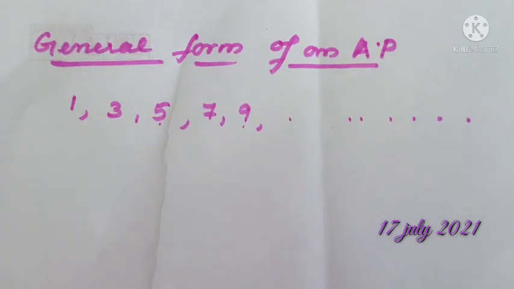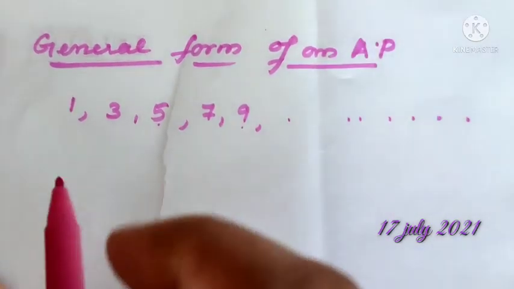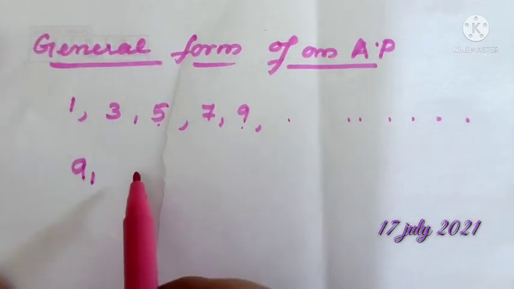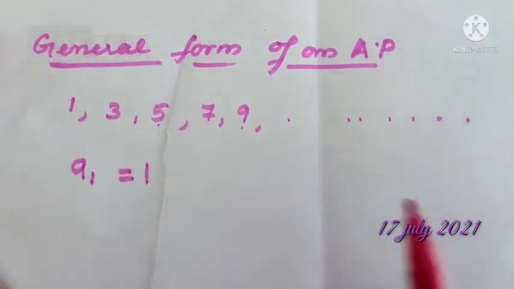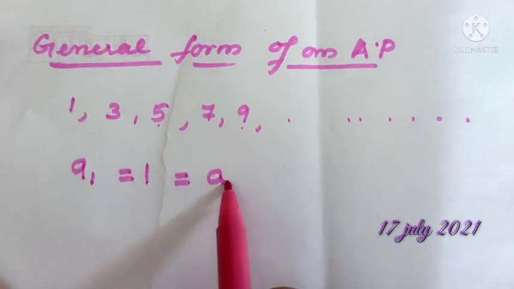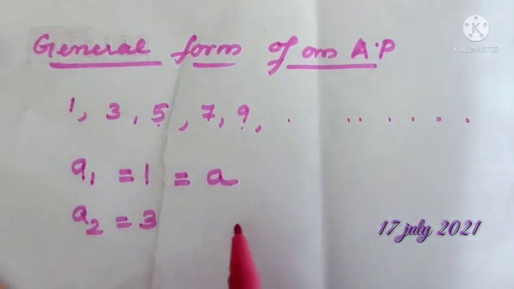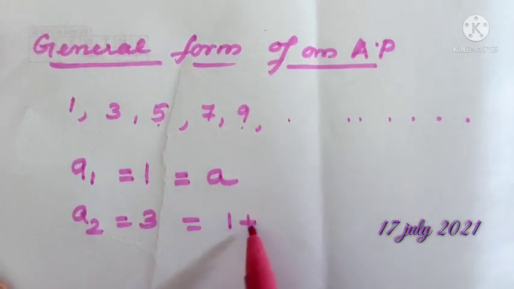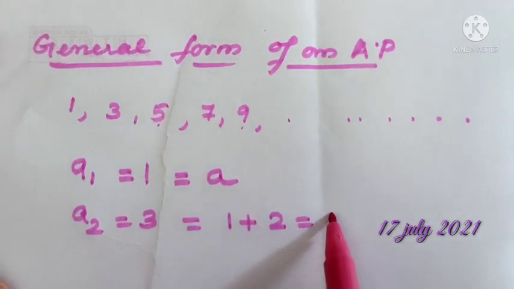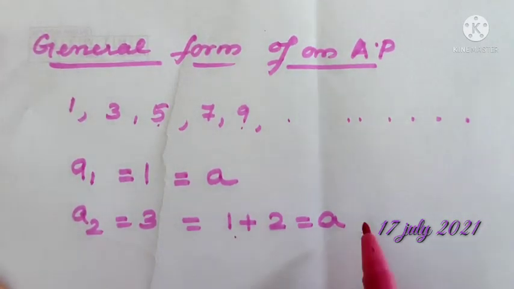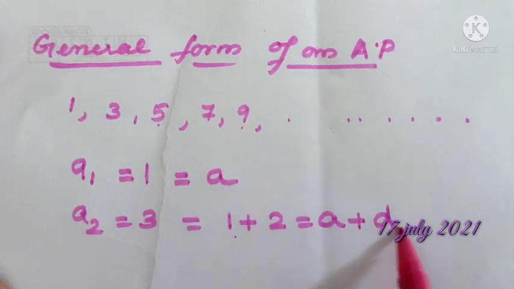Now the step is how to write the general form of an AP. We already said that A1 is the first term, so 1 is the first term. Let us take this as A. Now, which number is A2? It is 3. How are we getting 3? By the rule, 1 plus 2. So 1 is our A and 2 is our common difference.